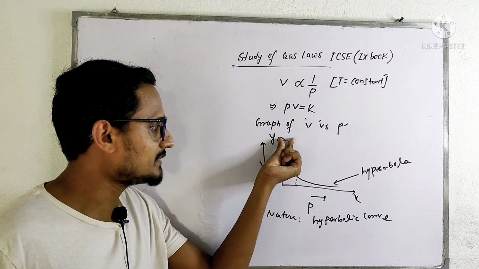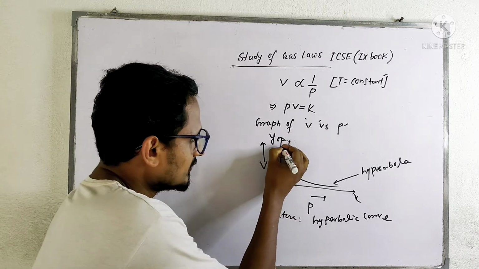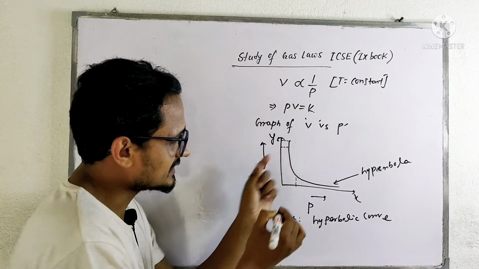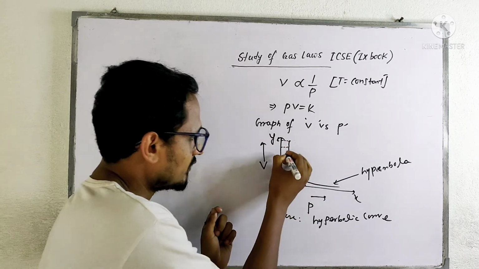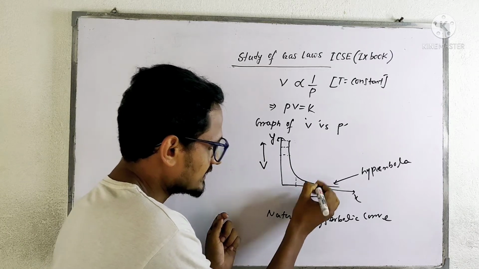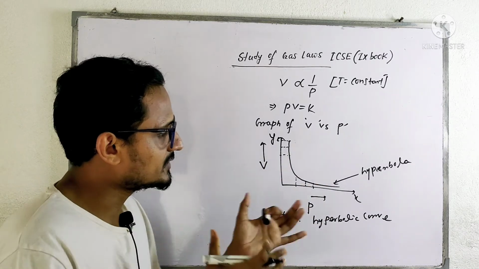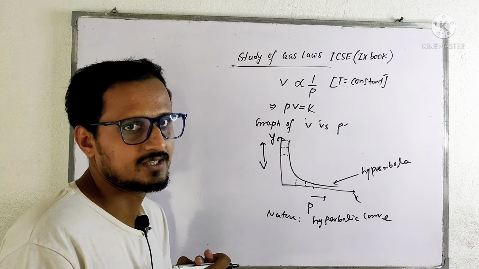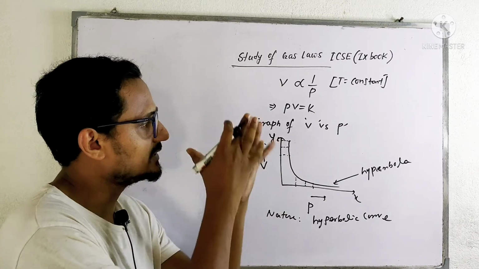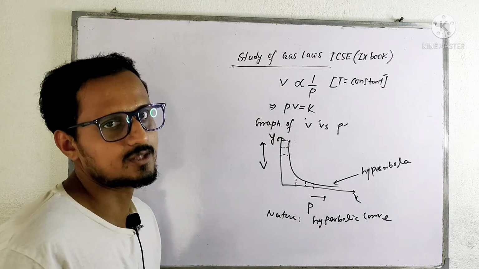So when volume is highest, pressure is lowest. Again, volume slightly decreased, pressure slightly increased. This is the plot of V versus P from Boyle's law, and this is very important.